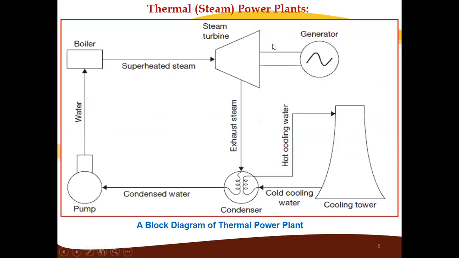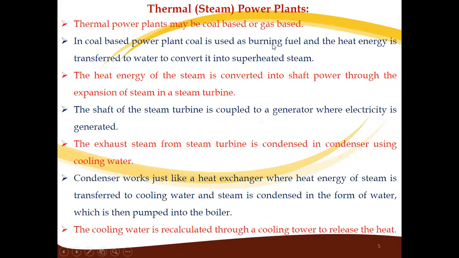Okay, so we'll start with this first power plant, the thermal or steam power plant. A thermal power plant may also be called a coal based power plant, or a gas based power plant. So a thermal power plant has different names.